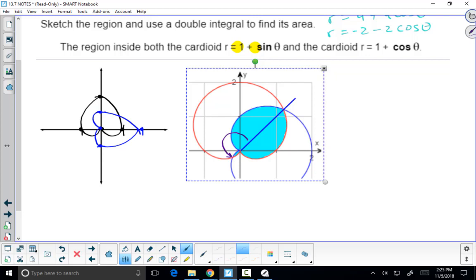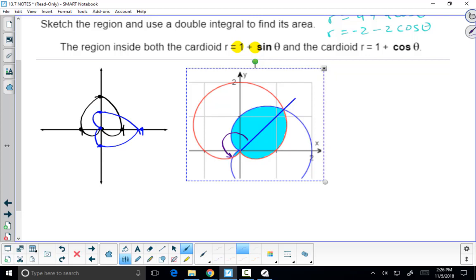And here's where we have a question: we are going to integrate right through that dimple right there. In this case, it's totally fine, and there's no mathematical justification that I have come up with yet. I've tried so many examples. Sometimes you can integrate through the dimple of a cardioid and it doesn't make any difference, and other times you can't.